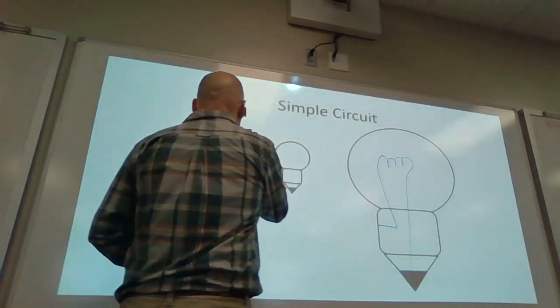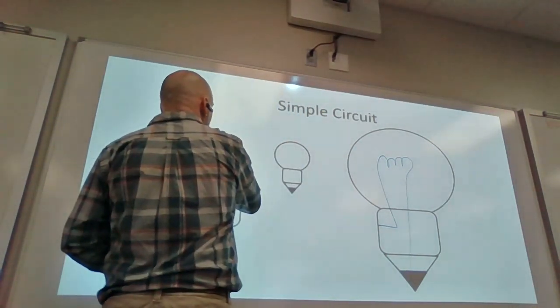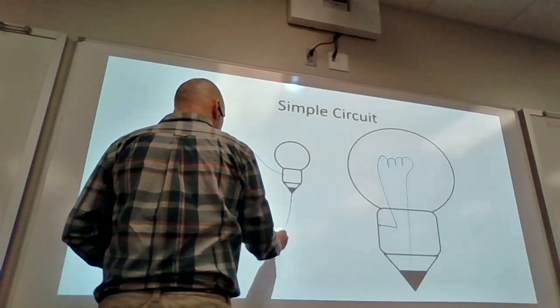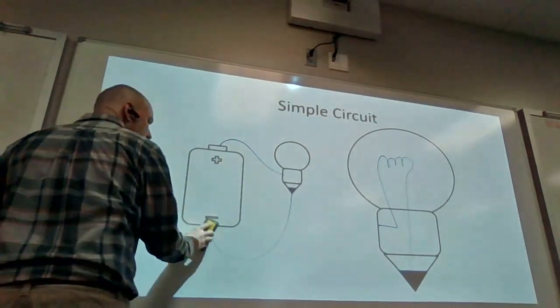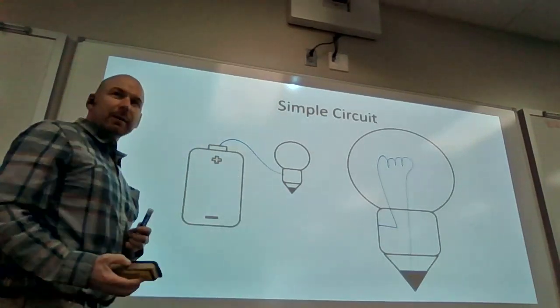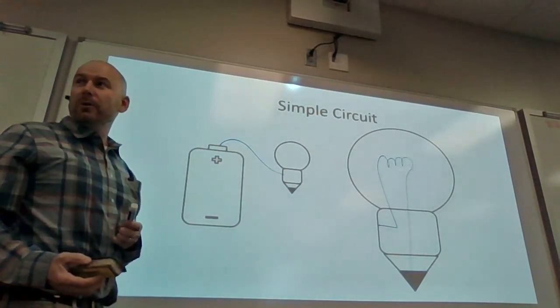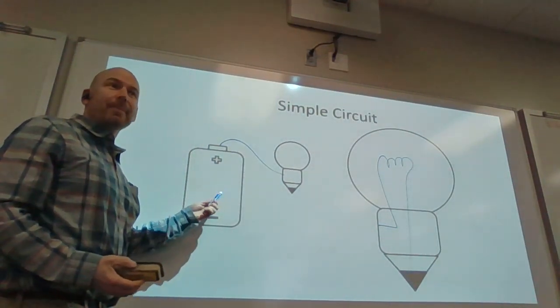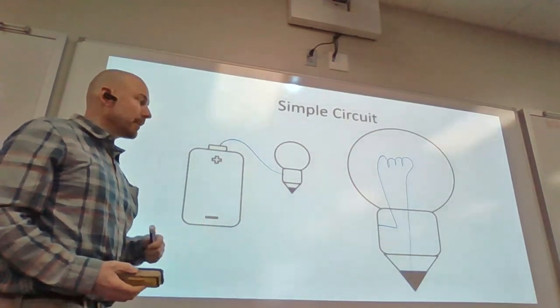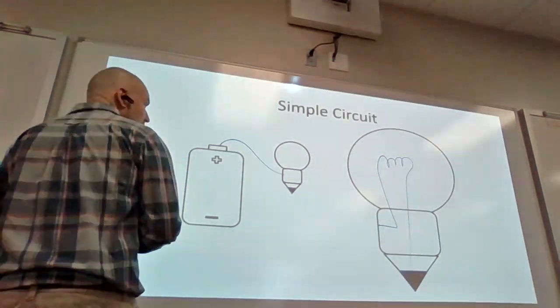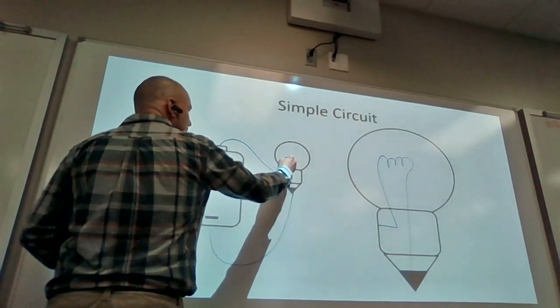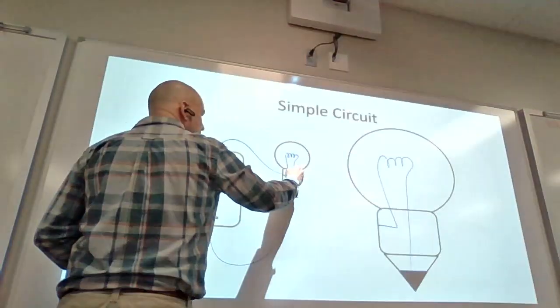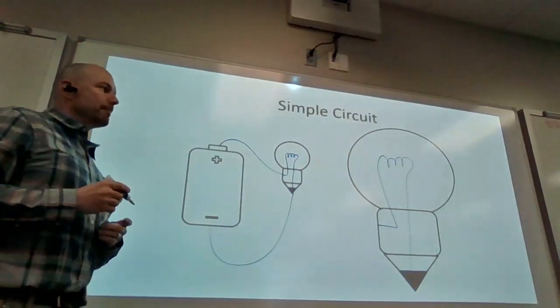So we need to make the current go around. Simply just connecting this like this is not a complete path. It's not a complete loop. It needs to start and stop at the battery. But doing this will make it light up because the electricity goes through the filament, lights it up.